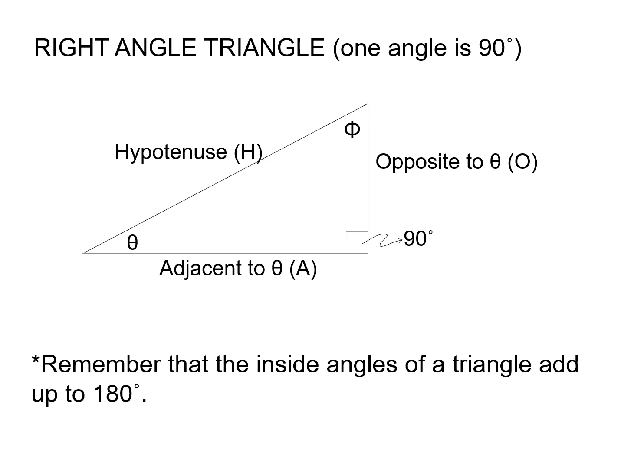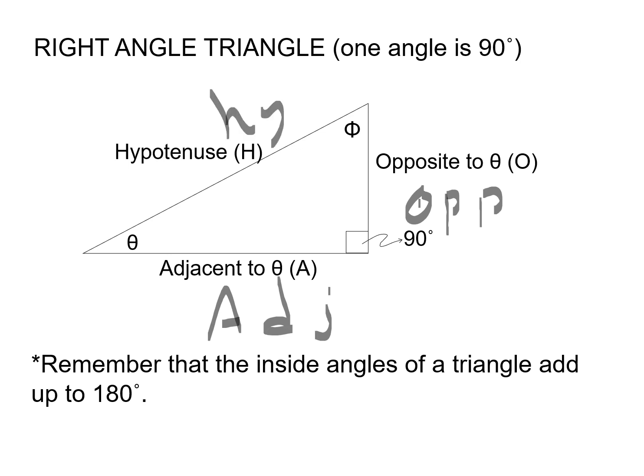When I say opposite, when I'm doing the work, I'll just have OPP for opposite, ADJ for adjacent, and HYP for the hypotenuse. That's how I learned, so old habits die hard.